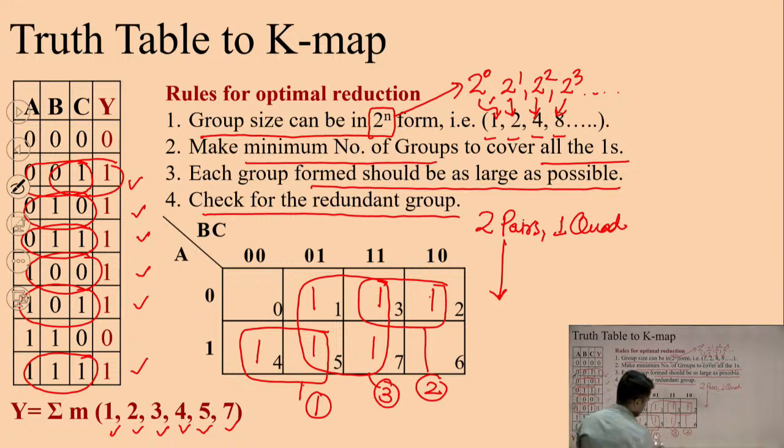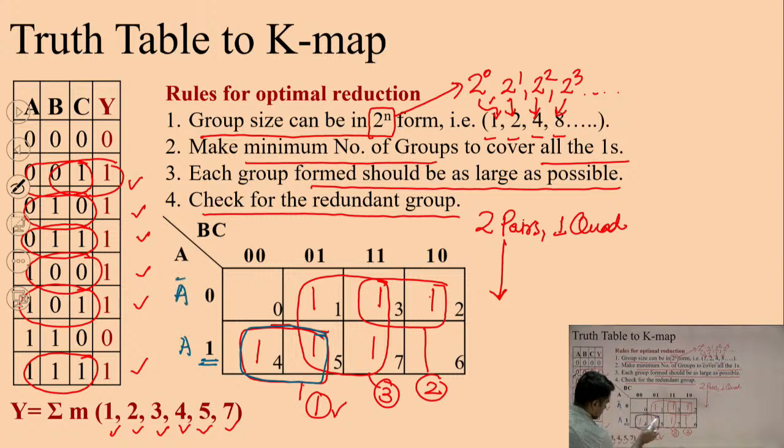So from the first group I have to obtain an expression. From this 4 and 5, if I check the row, I see this is 1 which corresponds to A. If that would have been 0, it would have been A bar.